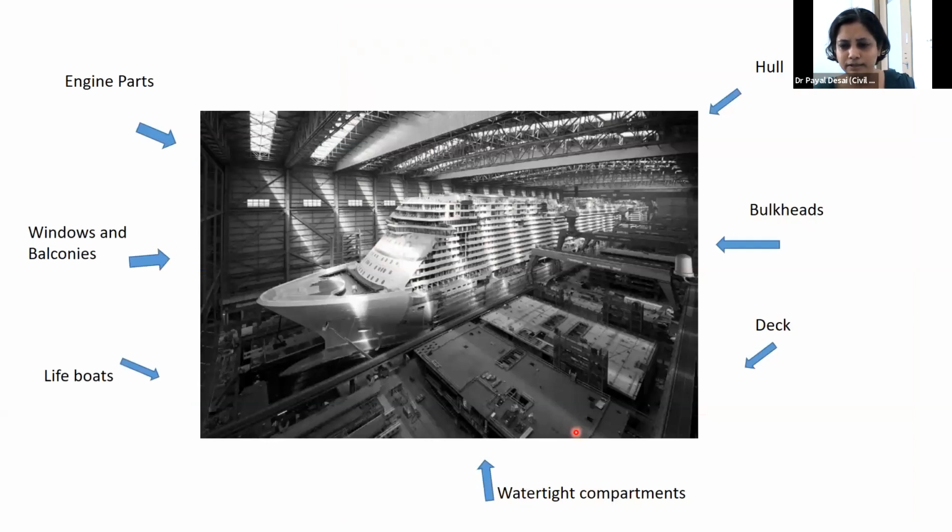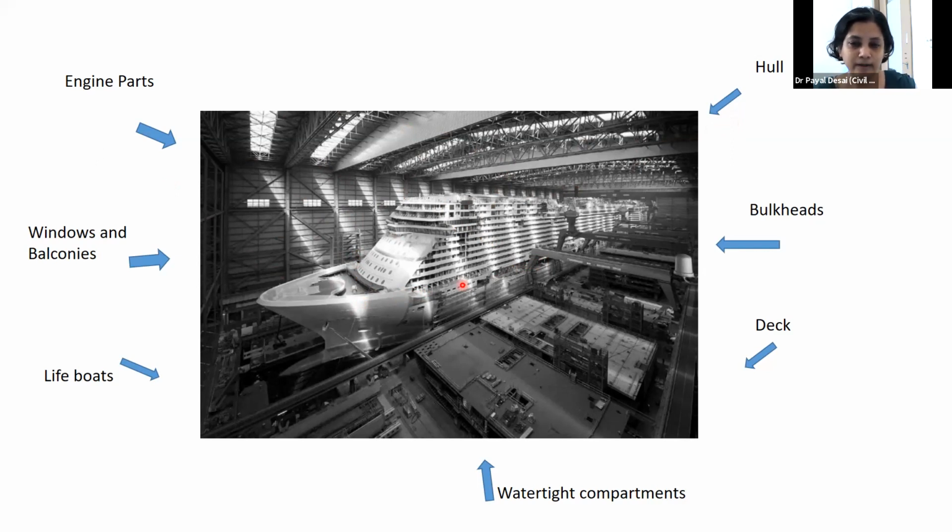Now imagine this cruise ship, it is under construction. It is located in a shipyard somewhere in Germany in 1915. So you may see in this ship that there are so many components, such as the hull, bulkheads, deck of the ship, watertight compartments, then boats, jetties, windows and balconies, engine parts.